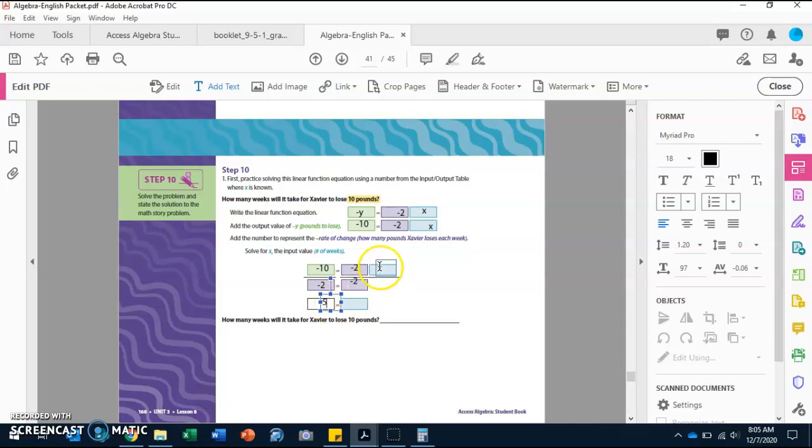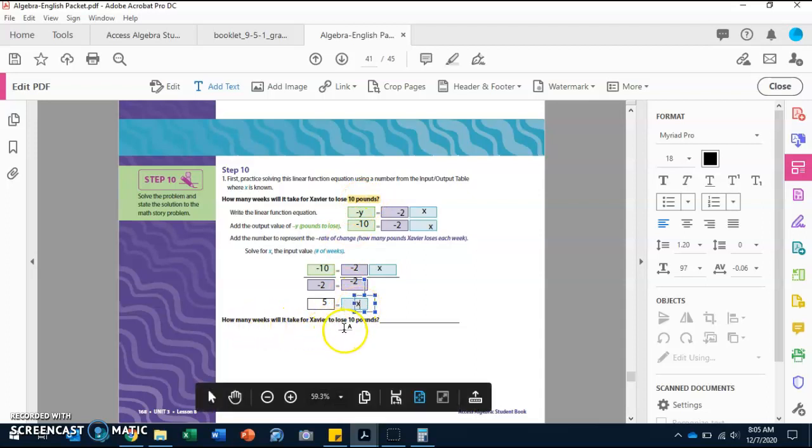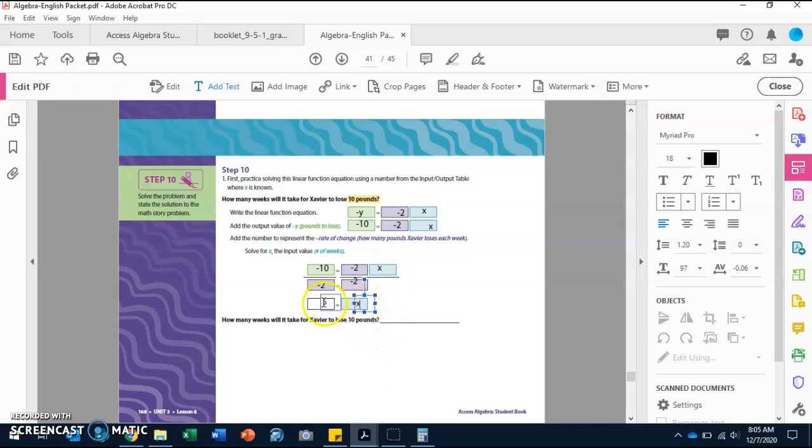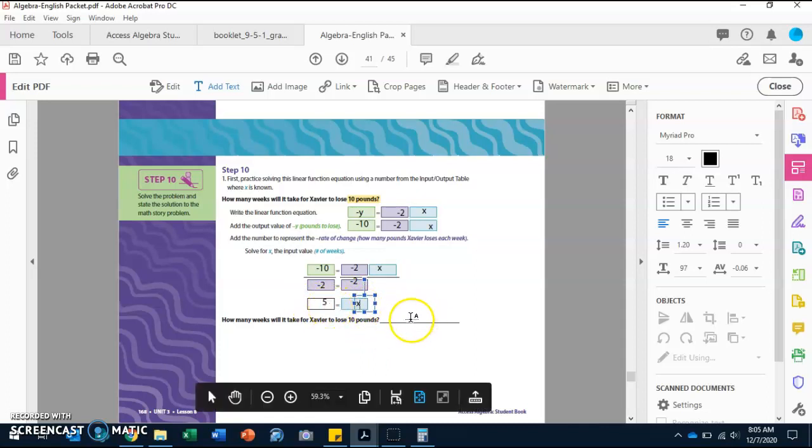And then the x right here, we bring it down because these already canceled. These are gone, so we only stay with this. So now they're telling us that x equals 5. So x is the number of weeks because y is the number of pounds. So how many weeks did it take Xavier to lose 10 pounds? 5 weeks.